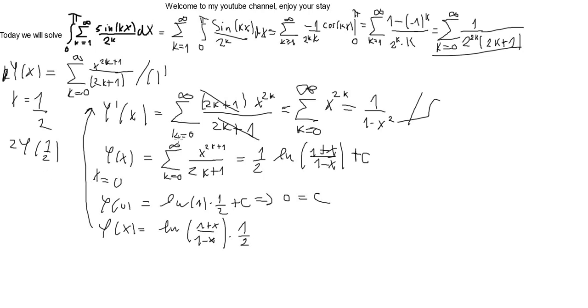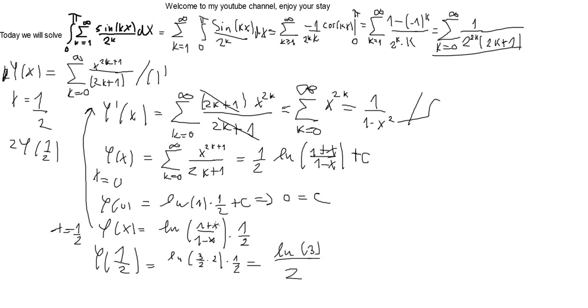So when we put phi of 1/2, which is just x equals 1/2 here, we will have ln of 3/2 up here times 2 multiplied by 1/2, which is just ln of 3 divided by 2.